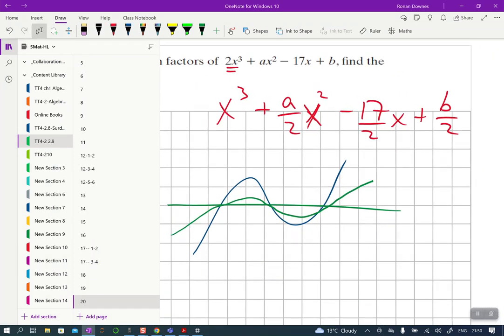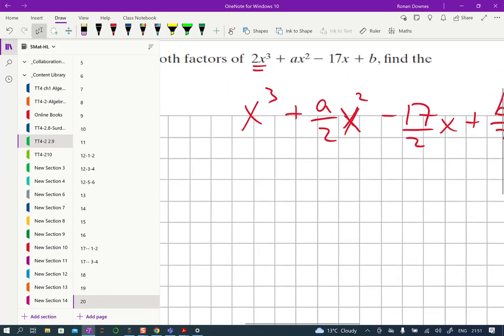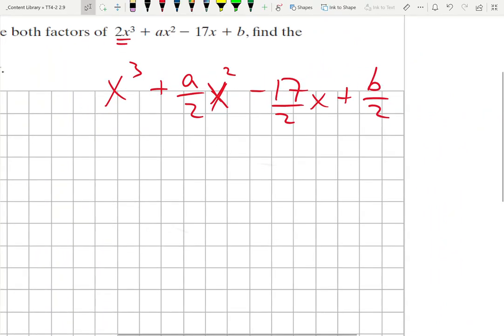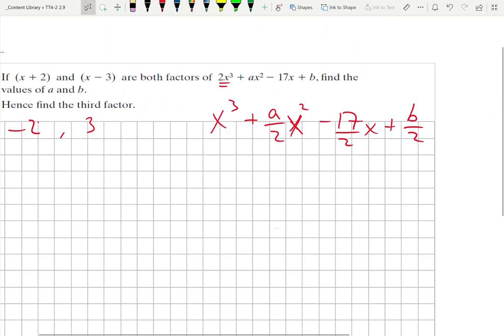So I've explained that, and we have dilated or we scaled down our polynomial, which doesn't change anything regarding the roots. Now, and I'm just going to write myself again, that minus 2, 3 are roots.